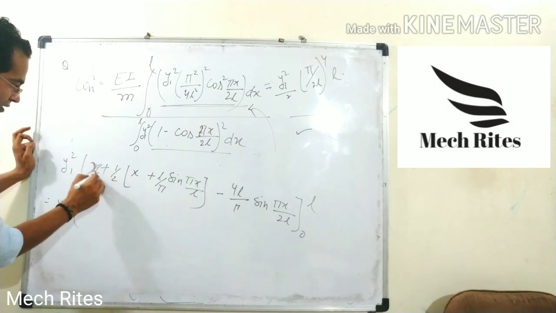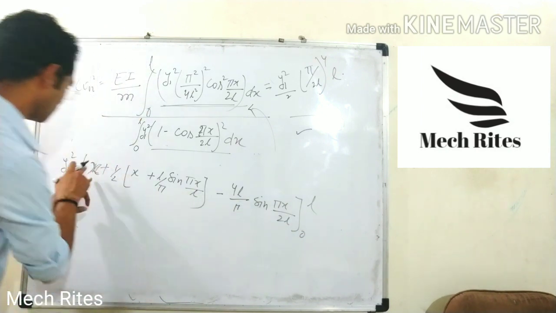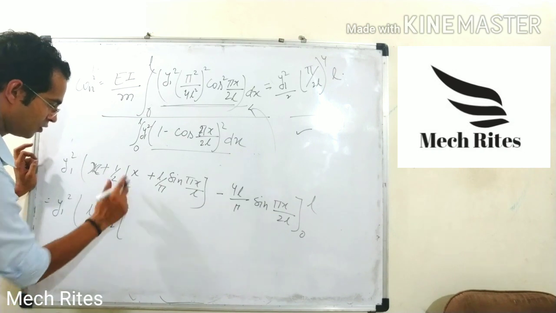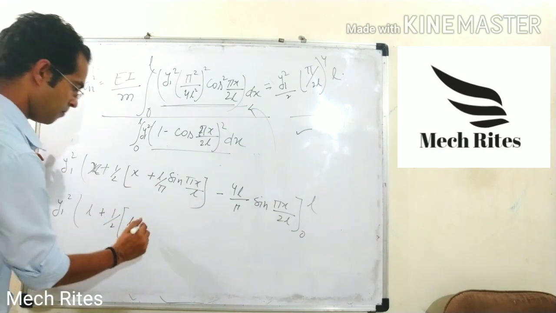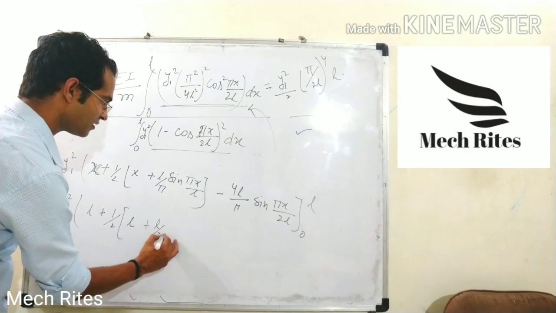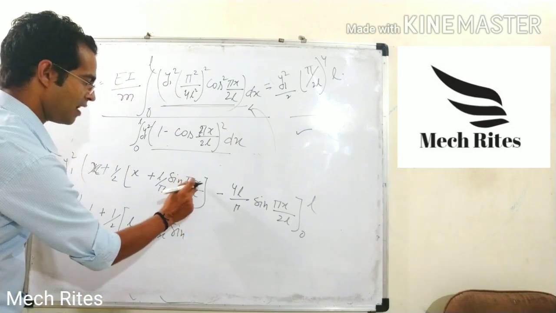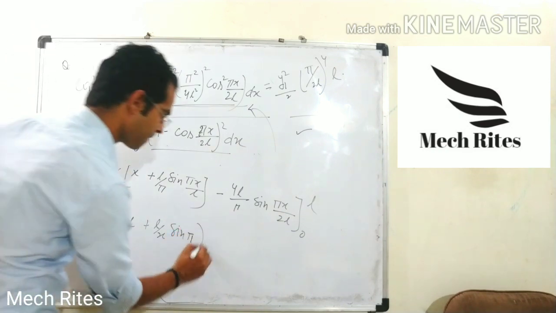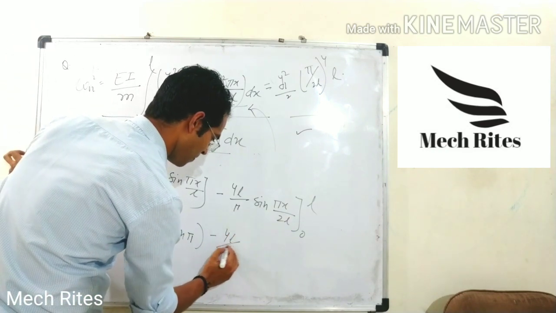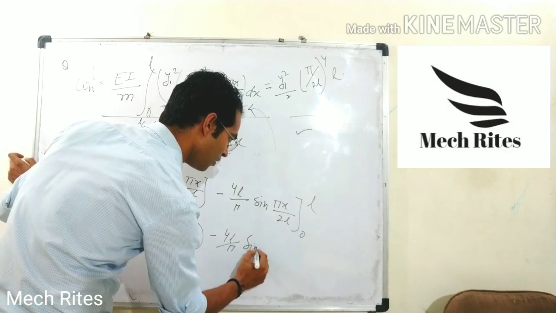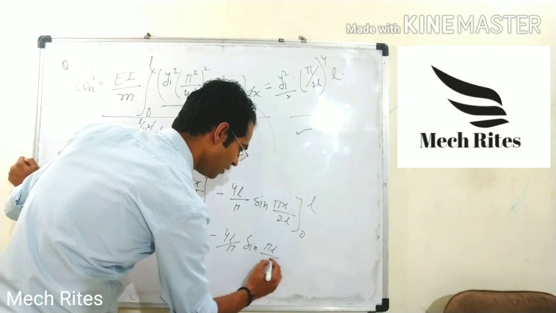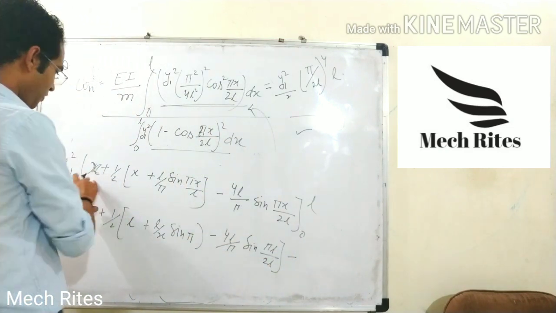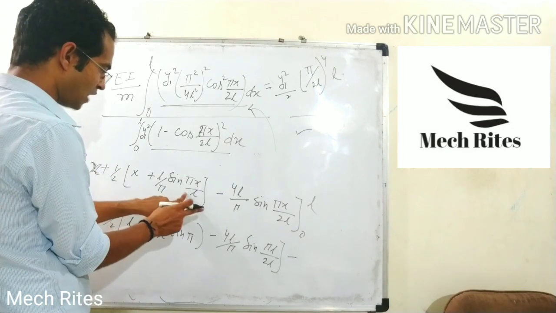Now I will put first of all L plus 1 by 2. This will be L plus L by pi sin pi L by L, which means sin pi, minus 4L by pi sin pi L by 2L, minus, now I will put 0 everywhere, so this will be 0, sin 0 will be 0.